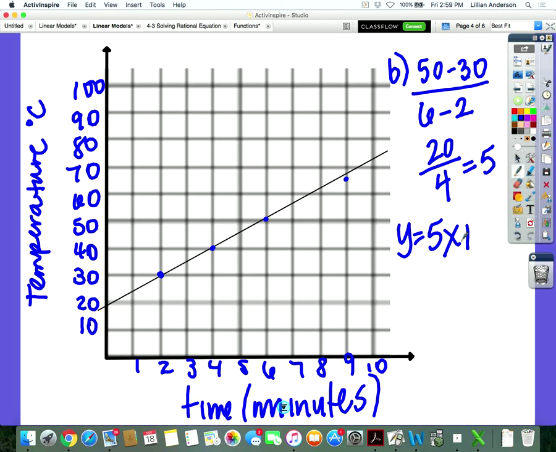So I have my slope for my equation. The only thing I'm missing now is the y-intercept, my C. How do I find my y-intercept? Plug in, but what do I plug in for my y? 0?